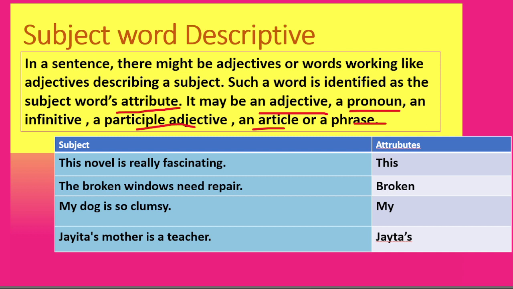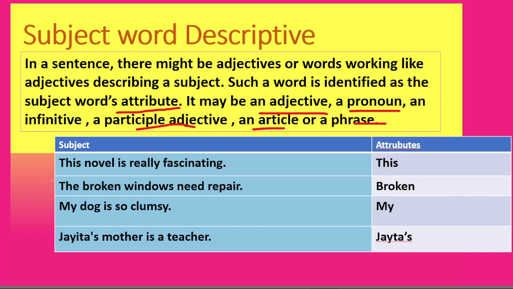So in a sentence an adjective qualifies a subject, so বিষয়টোক কোৱালিফাই কৰে, বিষয়টোৰ বিষয় লৈ পেলাই একচুৱেলি আমাক আৰু কেইটামান ইনফৰমেশ্যন দিয়ে বা তাৰ গুণ বা কোৱালিটি কেইটামান কয়. So that is subject word descriptive. আৰু আকৌ ৰিপিট কৰোঁ, subject word descriptive adjective হ'ব পাৰে. It can be an adjective, a pronoun, an infinitive, a participle adjective, an article or a phrase. Let us see the examples আমি examples কেইটা যদি চাওঁ আৰু ভালদৰে বুজিব পাৰিম.